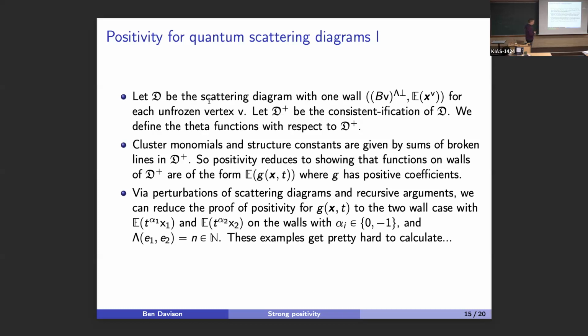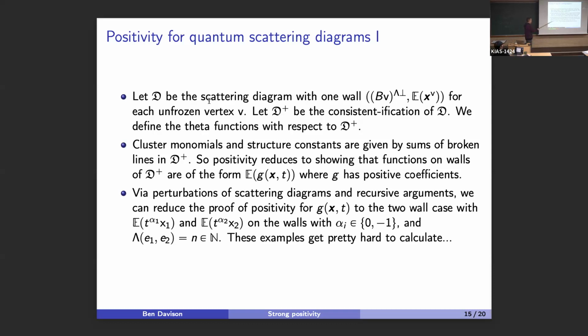We could reduce that to an infinite number of applications of a simpler-looking statement: if you just have two walls coming in with these monomials on the walls, then all you see coming out is positive.